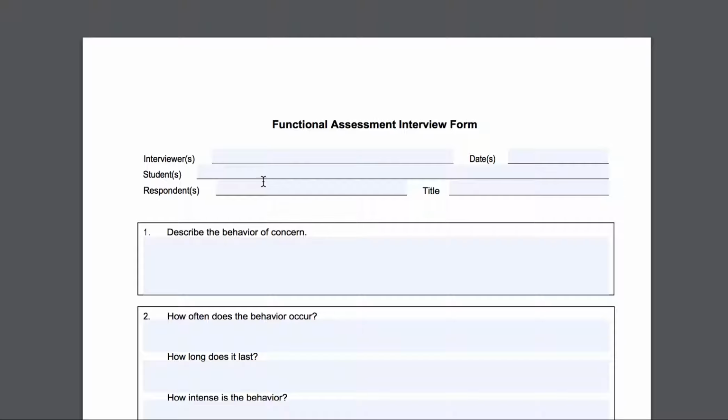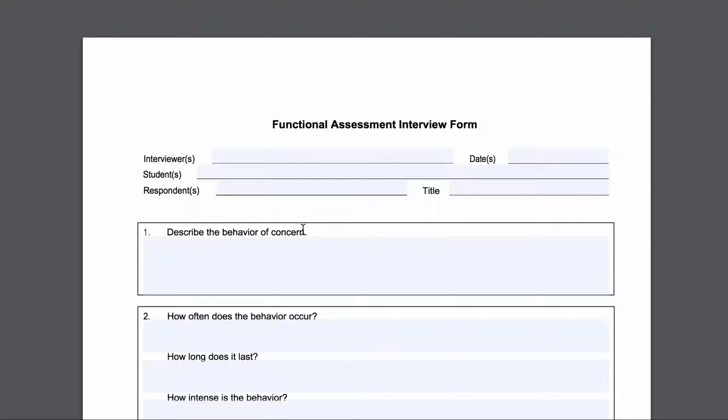So basically, all of those forms look similar. So I decided to use this form because it is short and easy, but also includes the core elements of interview questions.